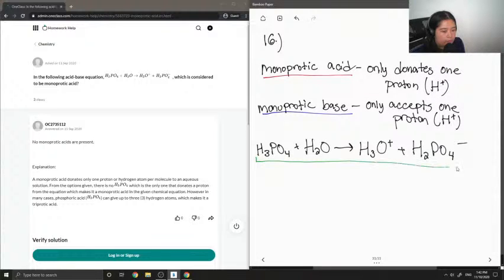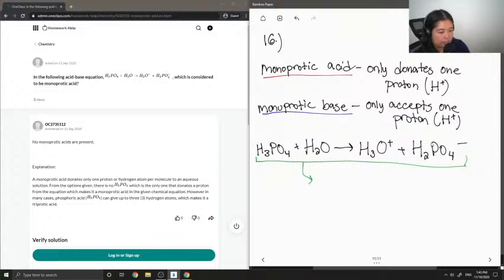So if we look at the whole equation, you'll notice that none of these compounds will donate only one proton, since you can see H3PO4 contains 3. Even water has 2 protons, so it doesn't work as a monoprotic acid.